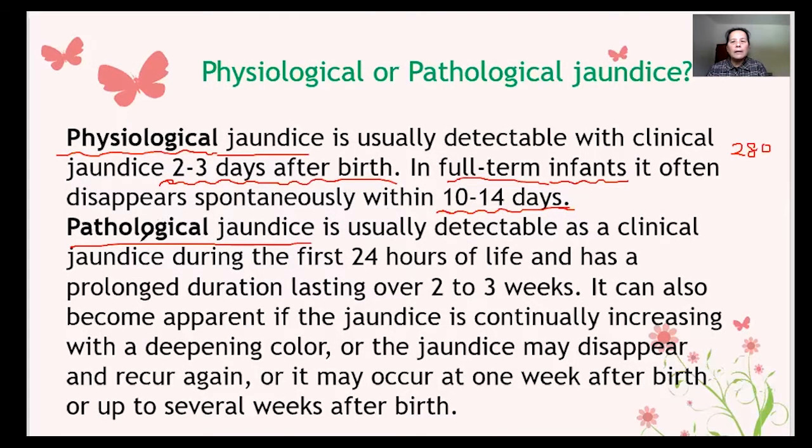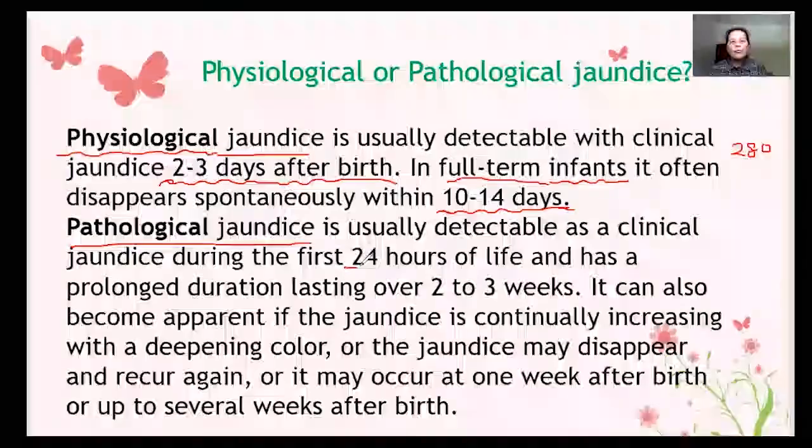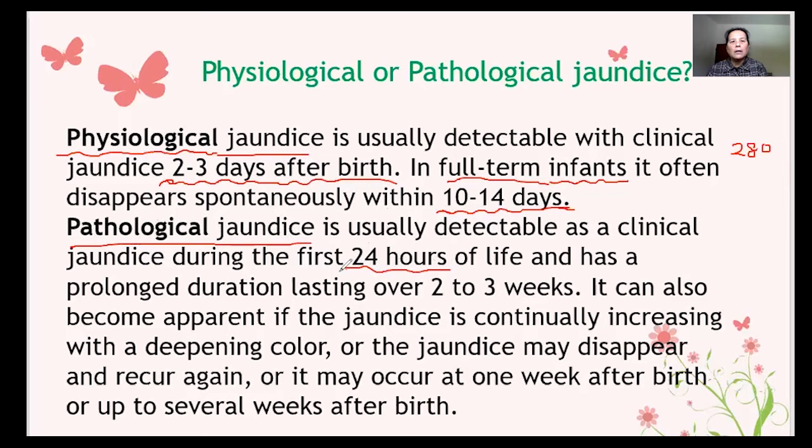Another kind of jaundice we're talking about is pathological jaundice. Usually it happens early. During the first 24 hours, the jaundice shows up. And then it lasts longer, over 2 to 3 weeks. That kind of jaundice usually belongs to pathological jaundice.